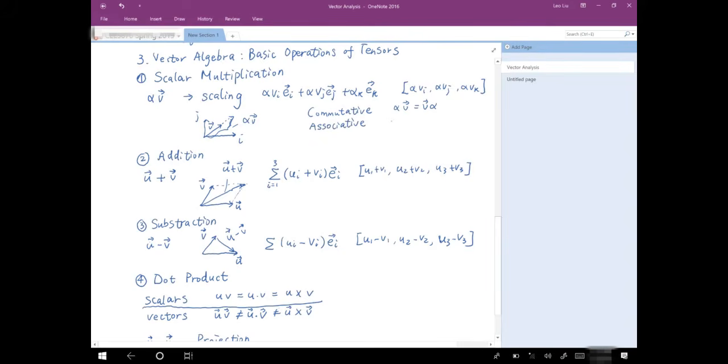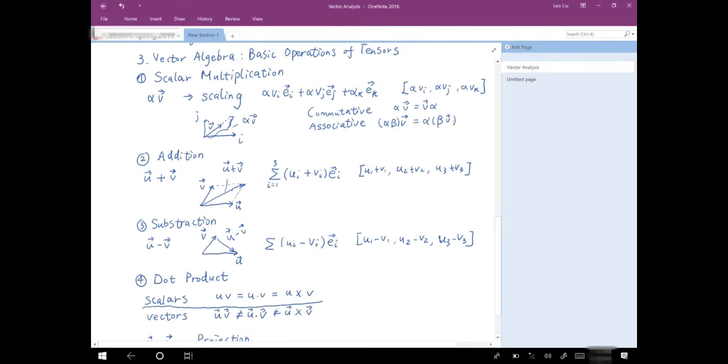For example, alpha beta V equals alpha beta V, grouped either way.